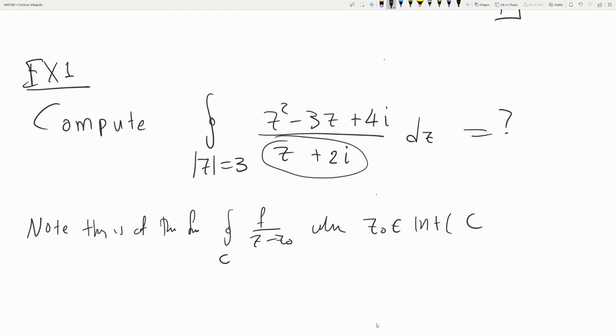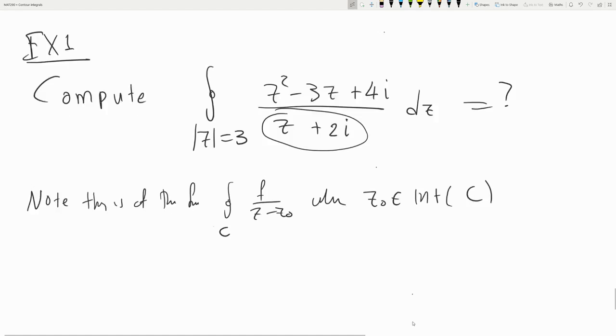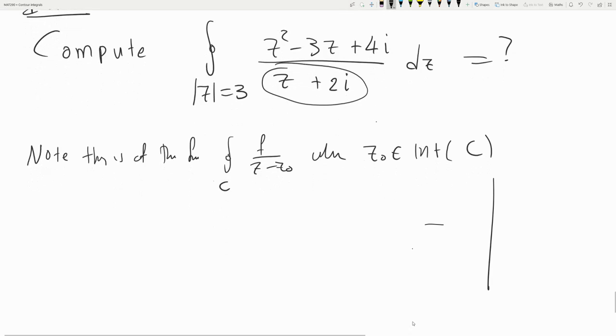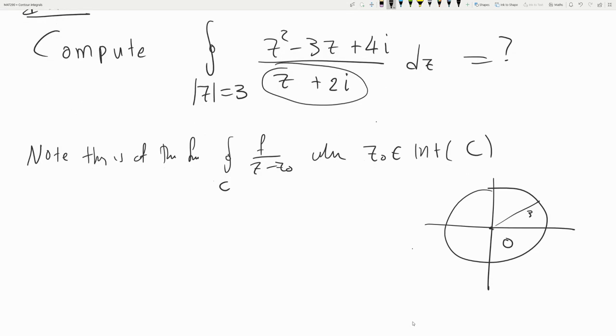So let's see why. So this is 0, this is 3, and 2i is over here. So minus 2i, which is z naught, is inside. Okay.